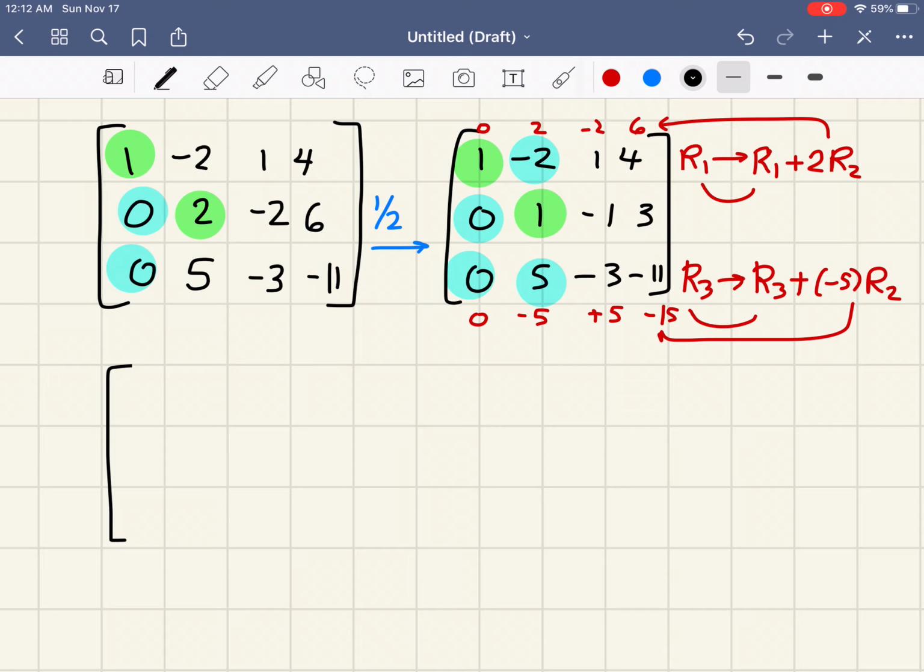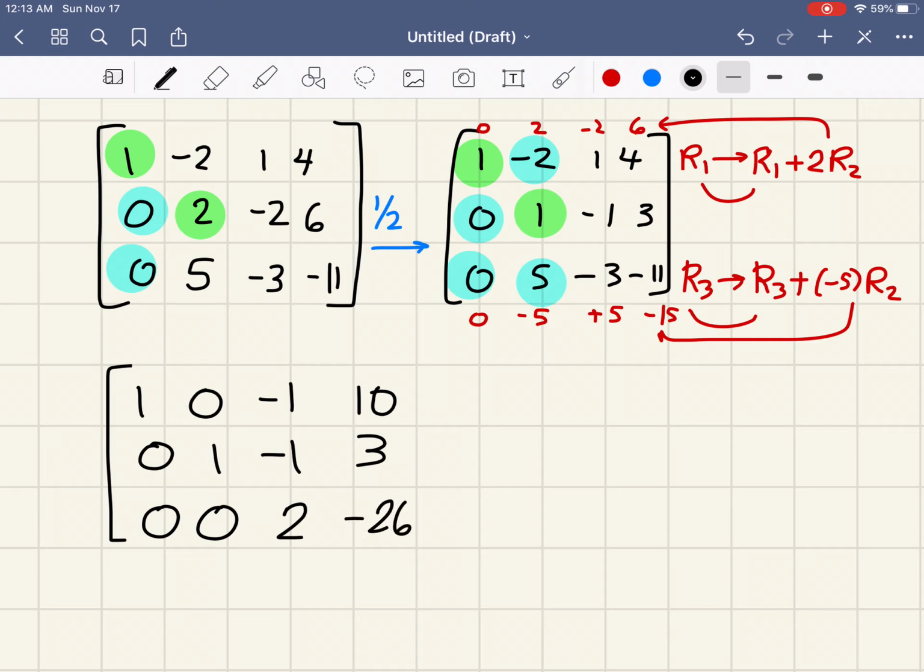So our new matrix is, now we get 1, 0, -1, 10. 0, 1, -1, 3. Nothing happened to our second row. Our third row, 0, 0, 2, and then -26.